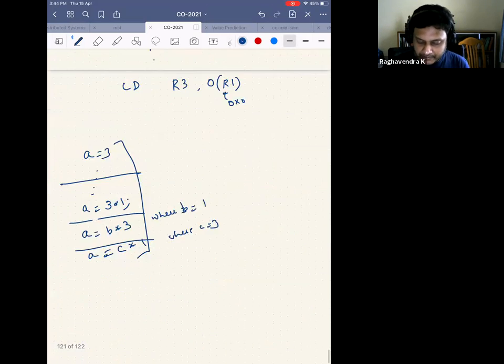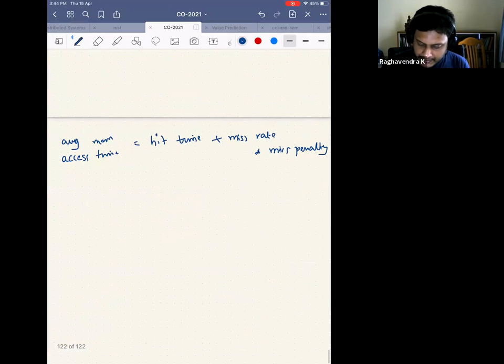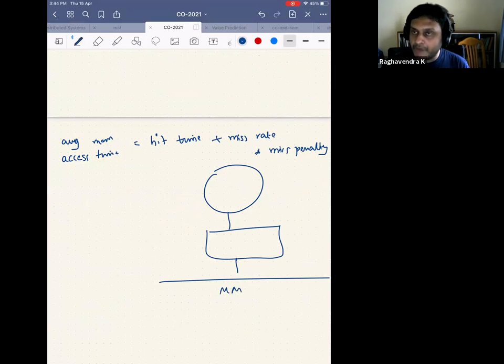So how does my system design till now look like? I have a cache and then I have a main memory. These are the only two components that I have seen, and of course there is the pipeline. And this is what I call a cache. This cache has some hit time, maybe 2 cycles, whatever you want to take. Miss rate is say maybe 10%, which means that 10% of the accesses will miss in the cache.